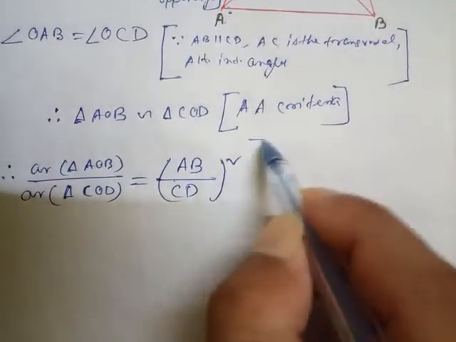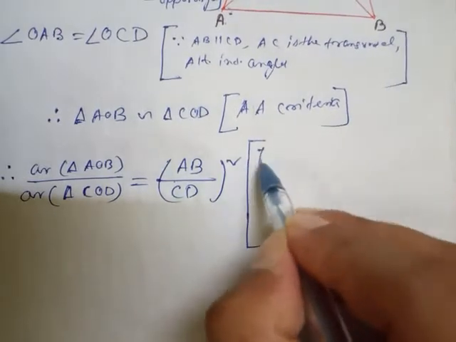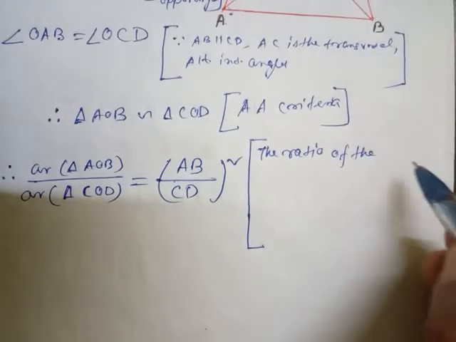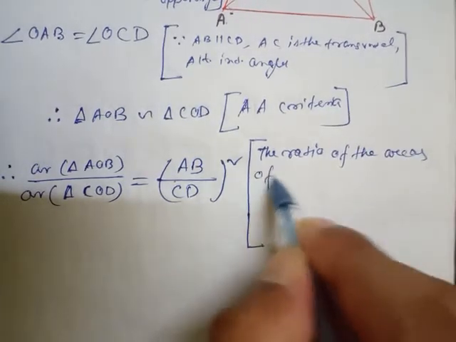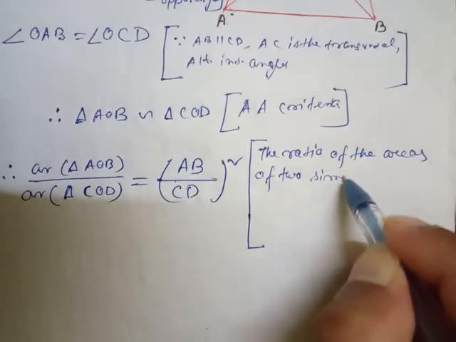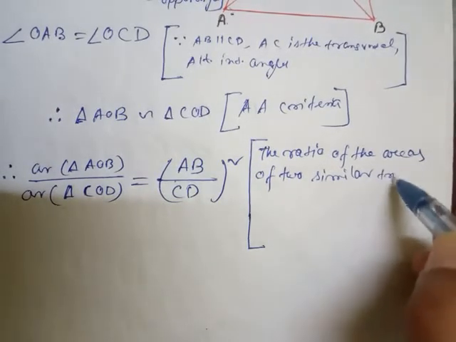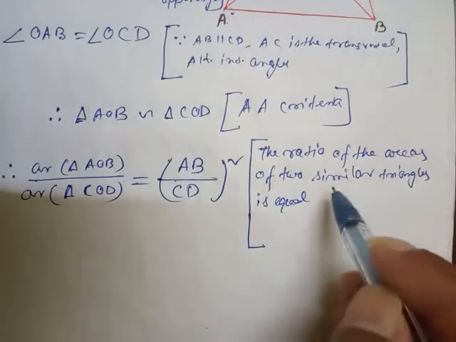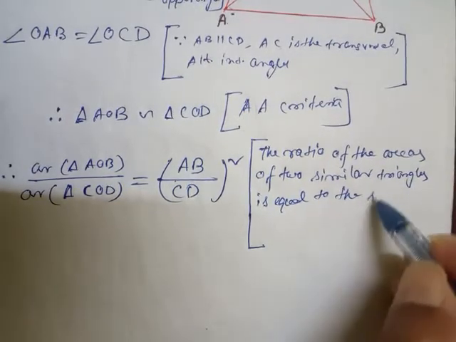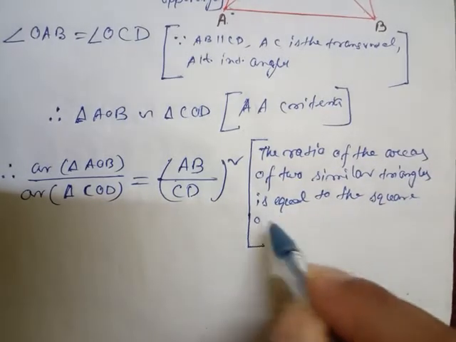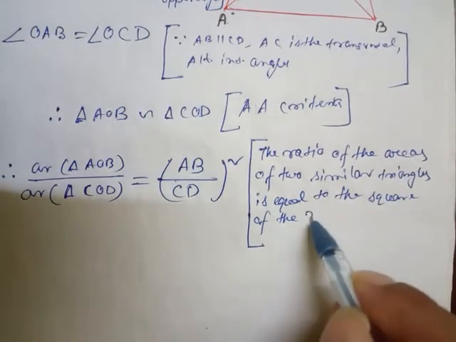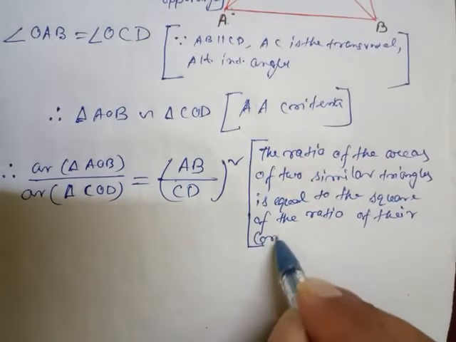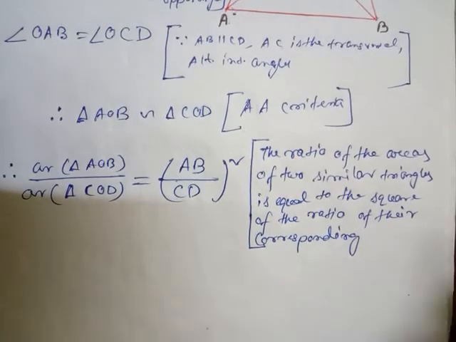So I am just writing here the theorem: the ratio of the areas of two similar triangles is equal to the square of the ratio of their corresponding sides.